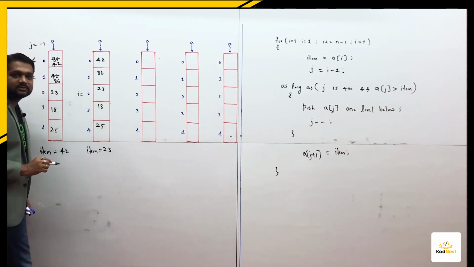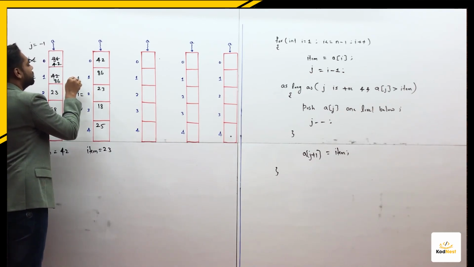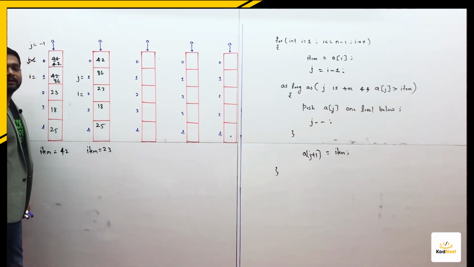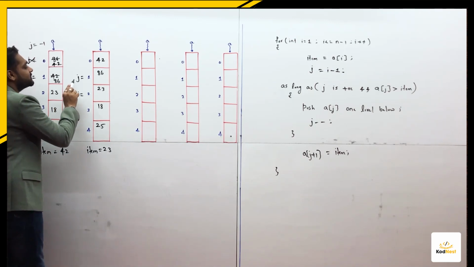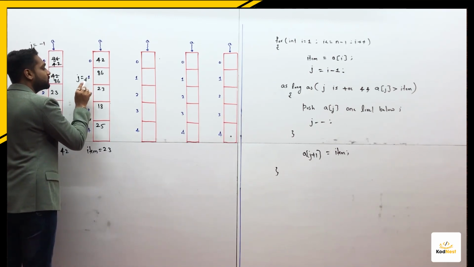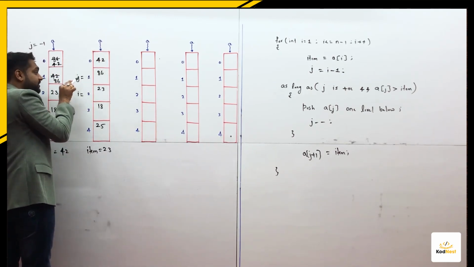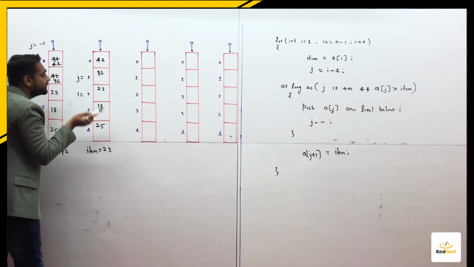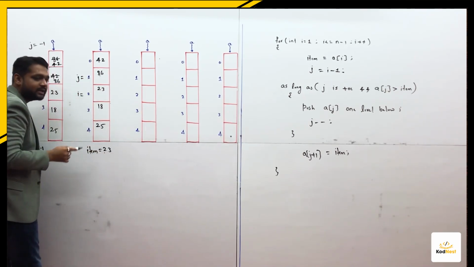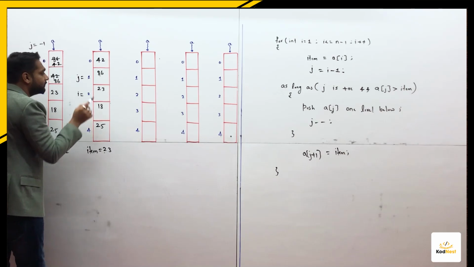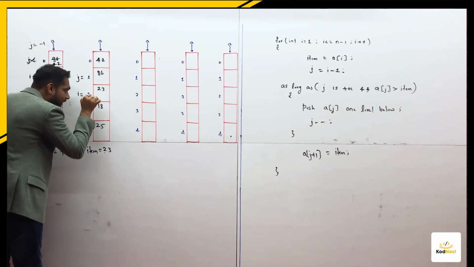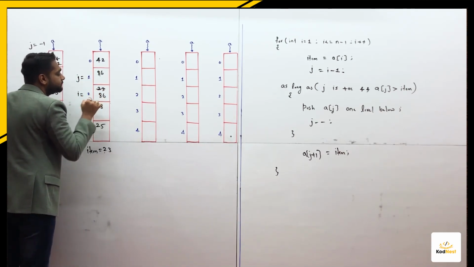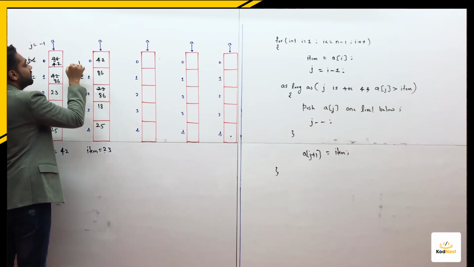Now things will become easy, you see. Place j one level before I. Enter the loop. As long as j is positive, yes, 1 is positive, and a of j is greater than item, a of j is 86, 86 is greater than 23, correct? Push a of j one level below. Okay, pushed. Decrement the value of j.